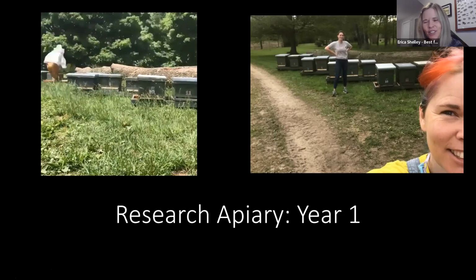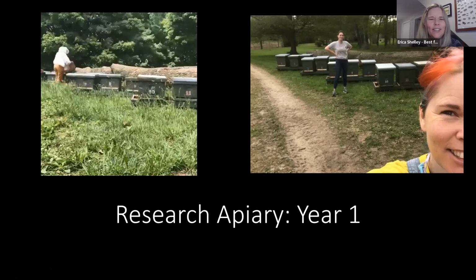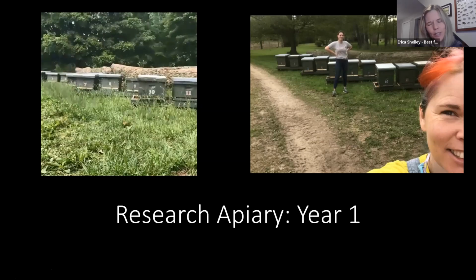What is a nuke? If you don't know what a nuke is, a nucleus hive is basically 4 frames of bees that you get to start a hive, and it'll have a queen. It'll have bees that are taking care of the babies, what we call nurse bees, and there'll be babies in there, which we call brood. And then there will also be worker bees.